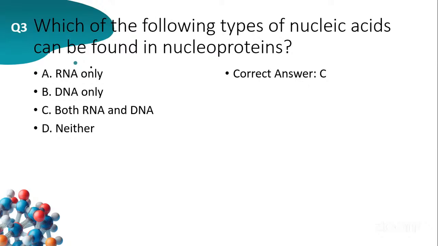B. DNA only. C. Both RNA and DNA. D. Neither. So the answer to this question is both RNAs and DNAs. These are the two nucleic acids that are found in nucleoproteins.